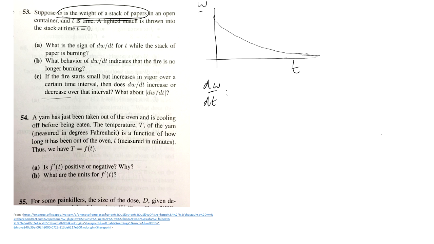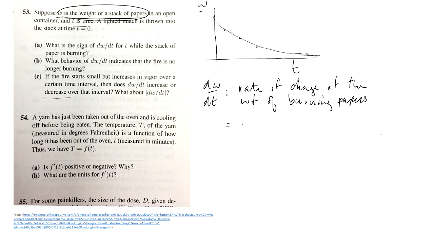Well, dW/dt is the rate of change of the weight of the burning paper. Okay, so what's happening? Well, the weight is getting smaller and smaller, so the rate of change is going to be negative.